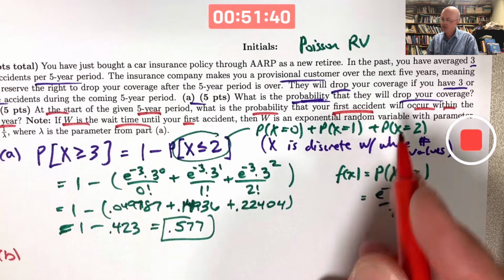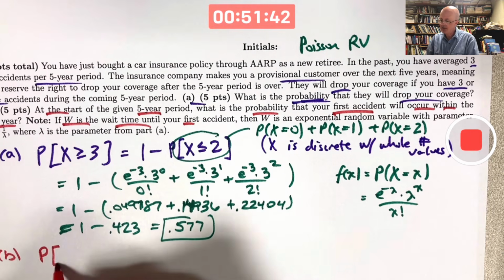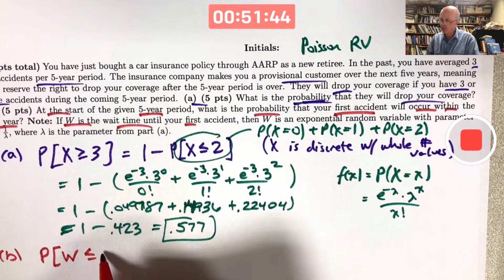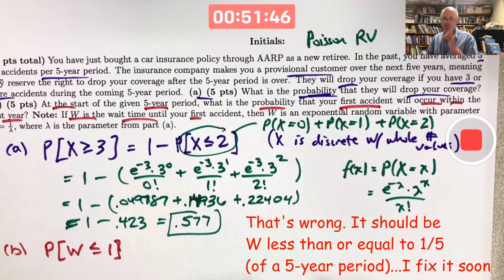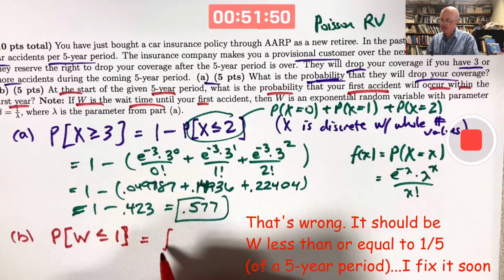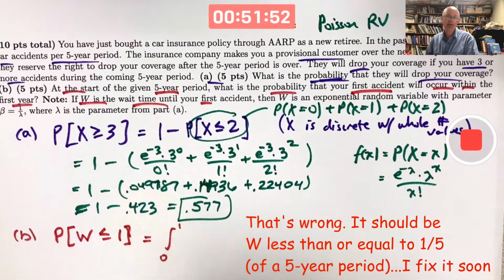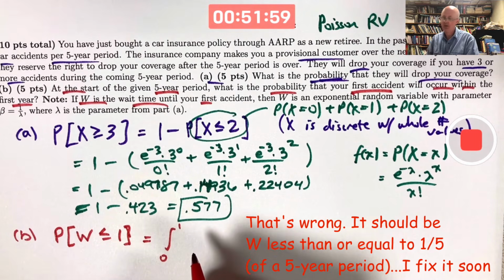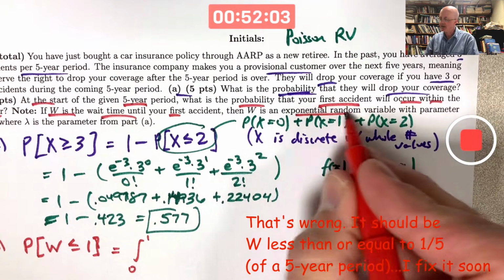The first accident being within the first year would be the probability that capital W is less than or equal to 1, with time in years. That is going to be the integral from 0 to 1 of the probability density function, and you really want a density in this case for an exponential random variable. I told my students it was exponential.